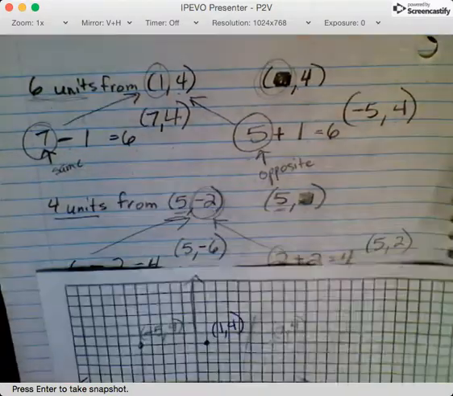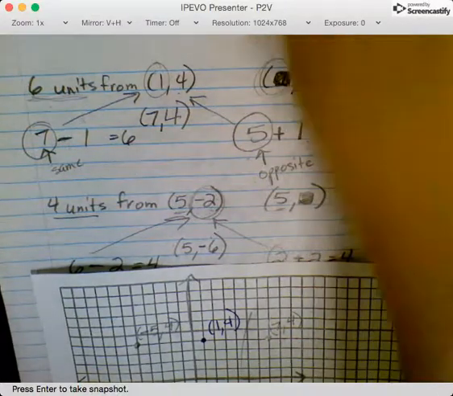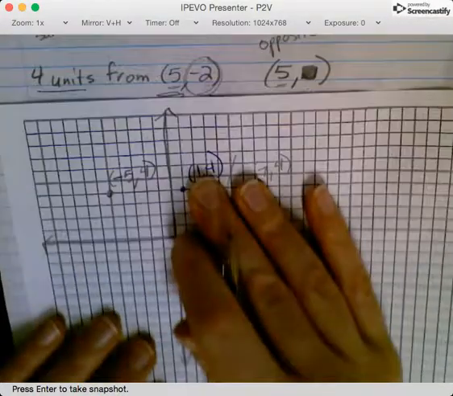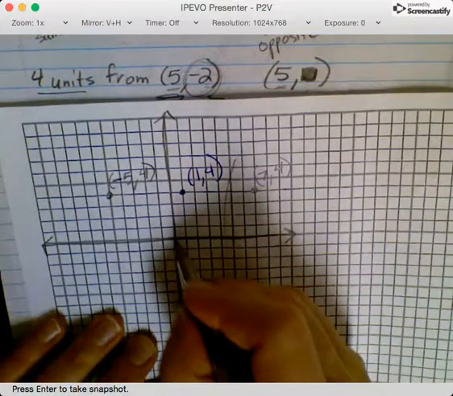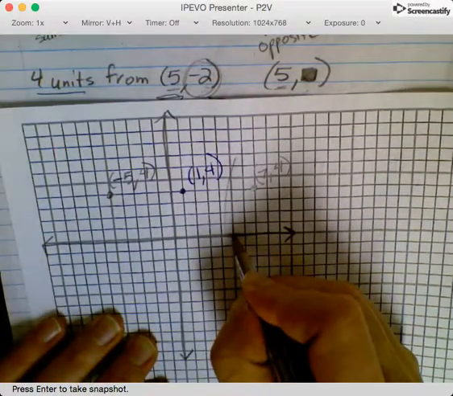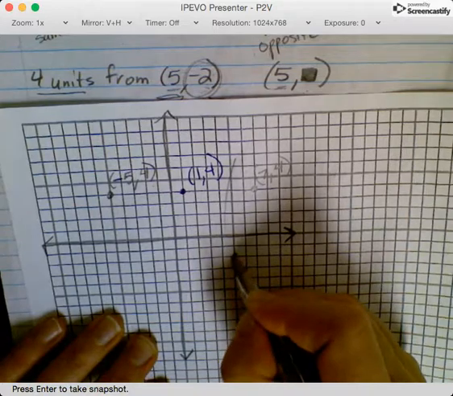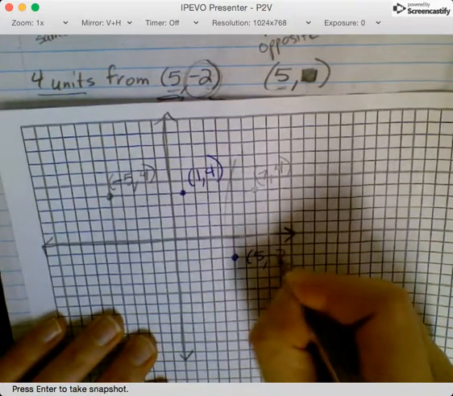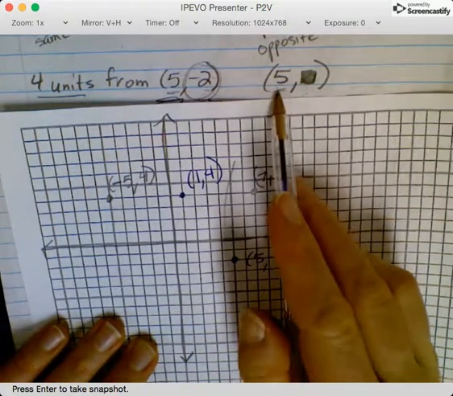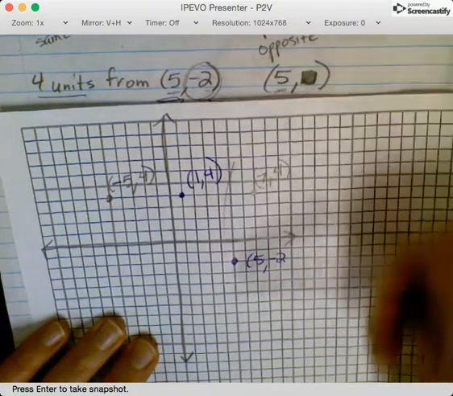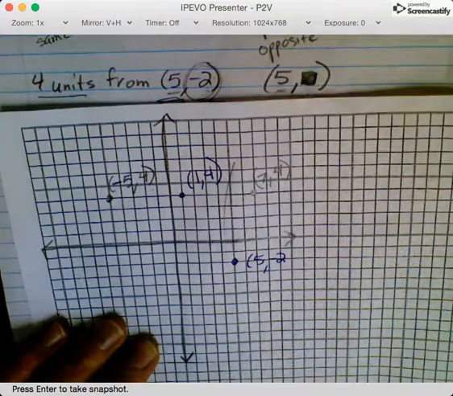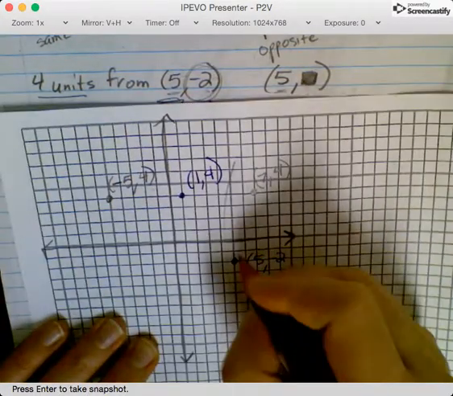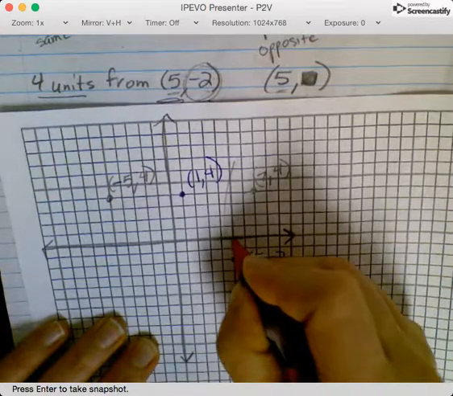Okay, my next one, 4 units from positive 5, negative 2. I'm going to move that up. So that's 5, negative 2. This time, our first number is staying the same, so we're going up and down instead of the other way. I'm going to go 4 units up: 1, 2, 3, 4.